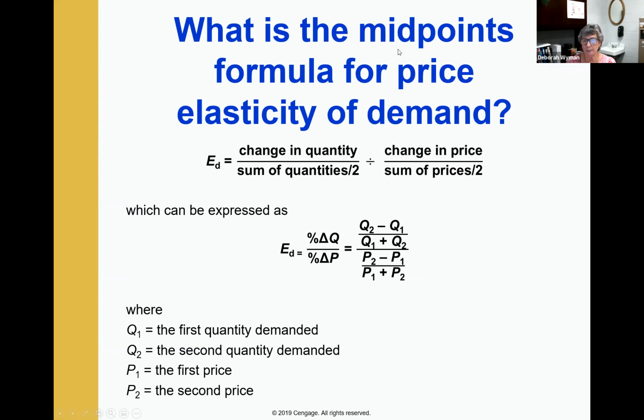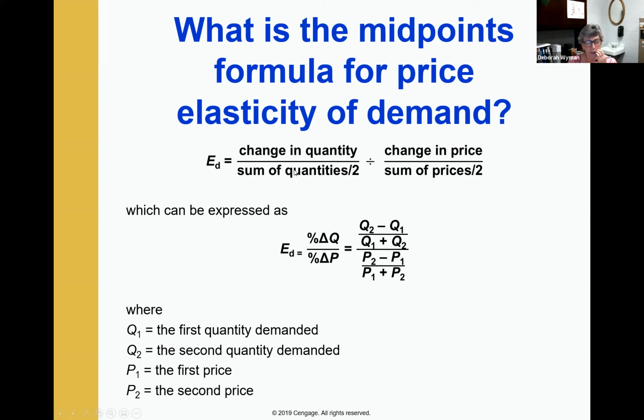So we are going to be concentrating on the midpoints formula for the price elasticity of demand. What's really important is this second part right here. When you look at your book, they don't have this part in parentheses, so it looks like this divided by that divided by 2.